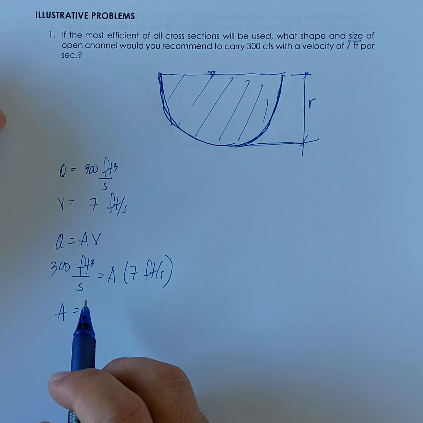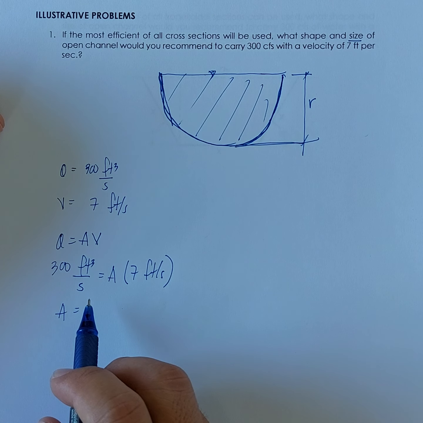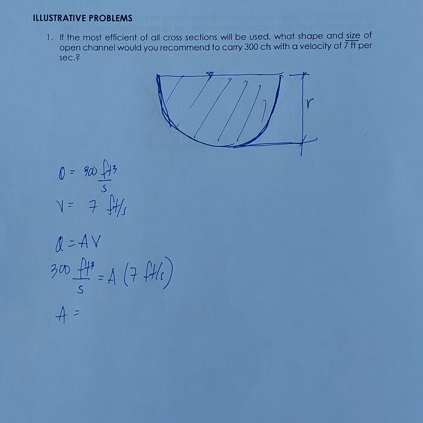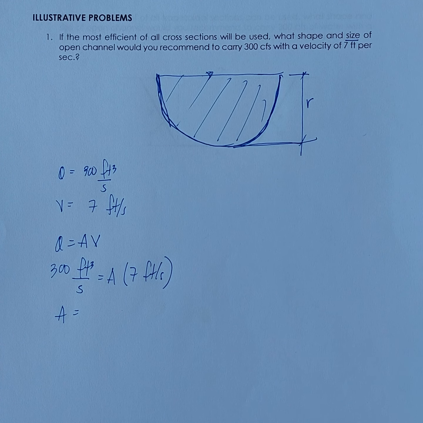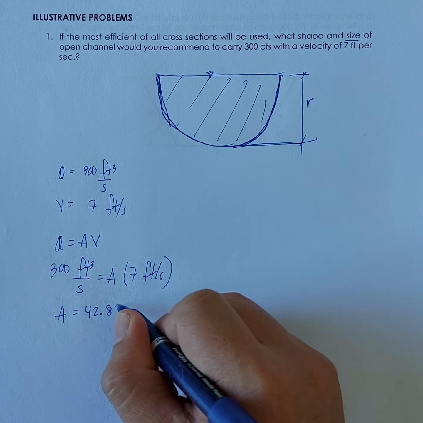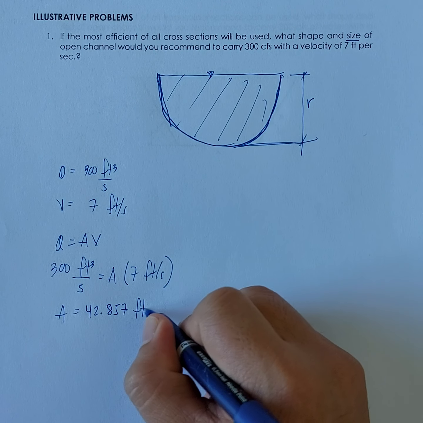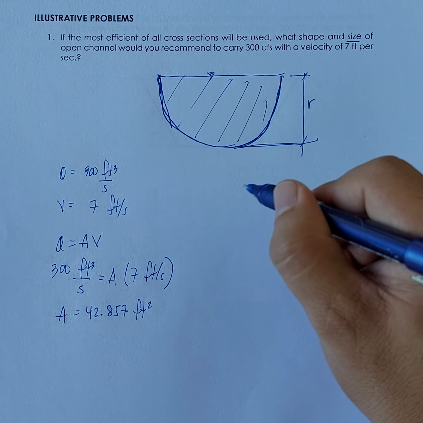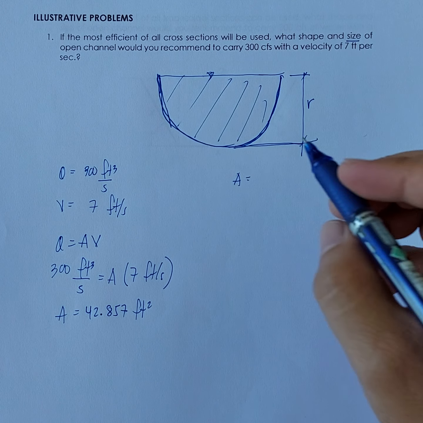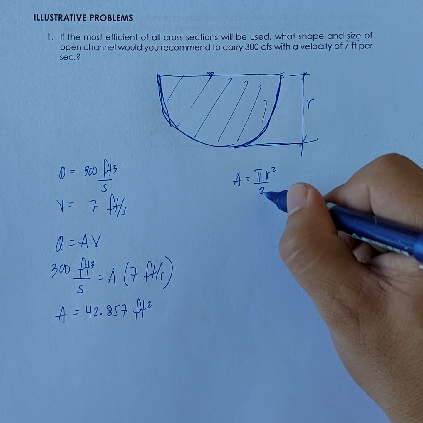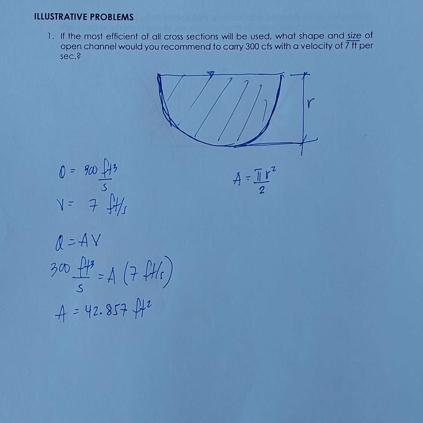So the area is 42.857 square feet. And then from that, we are to solve for the required radius of the open channel. What is the area of a semicircle? That is pi r squared all over 2, so area of the circle divided by 2.